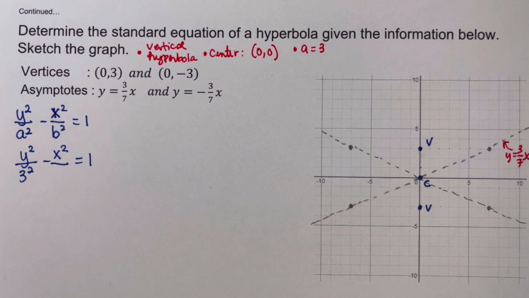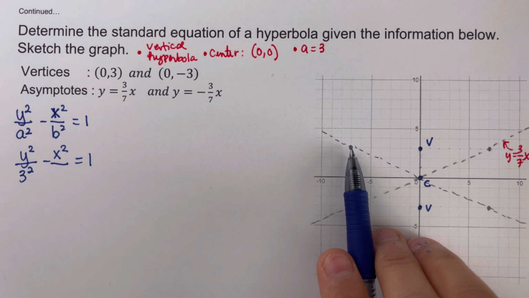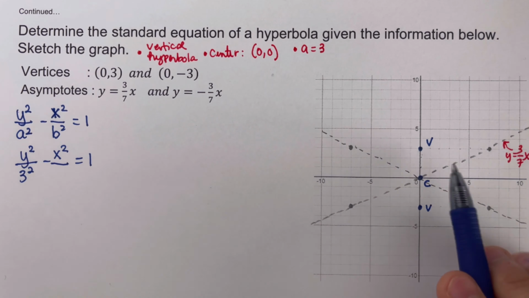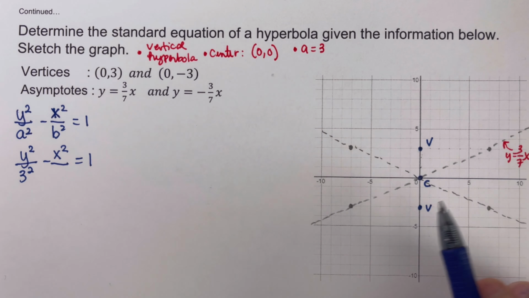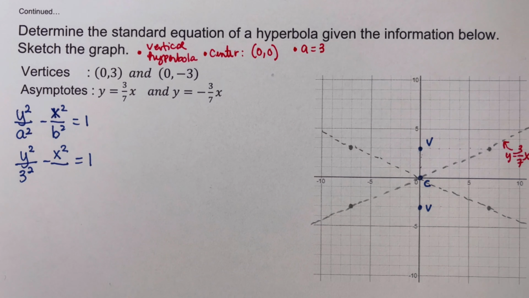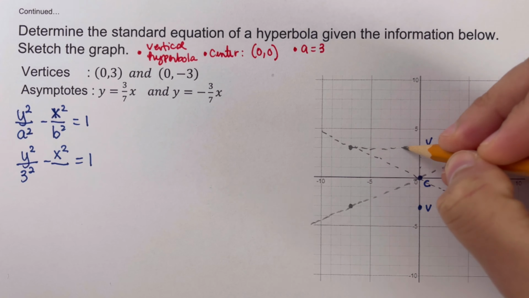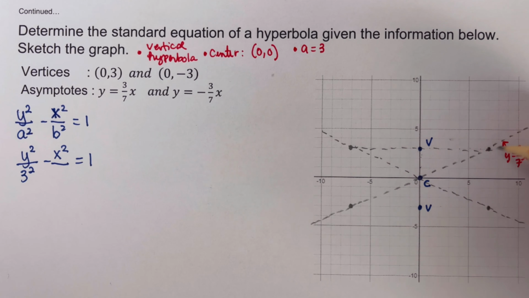Okay, from here we can draw the central rectangle of this hyperbola. Remember that the central rectangle is going to cover the four corners of the rectangle and the two vertices and the co-vertices. So in this case, I can draw a line that connects the corner to the other corner right there.